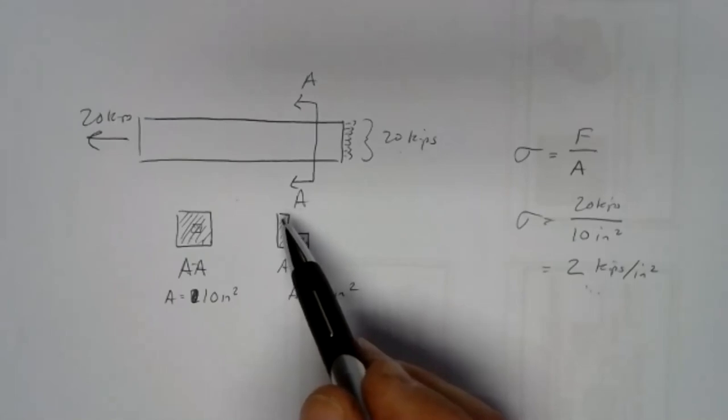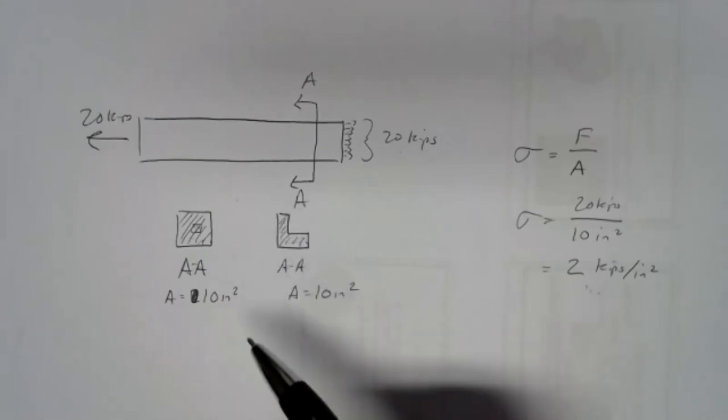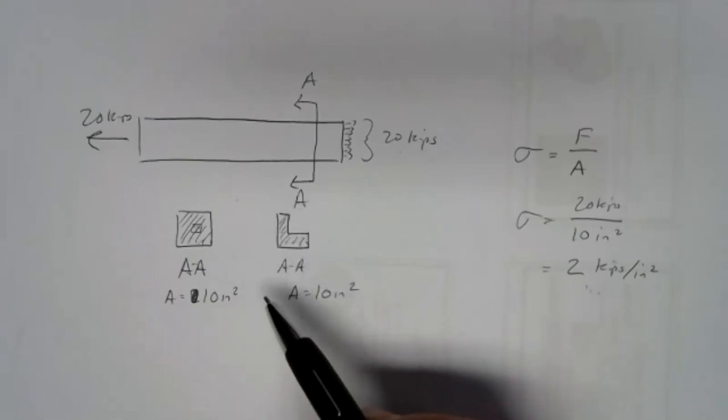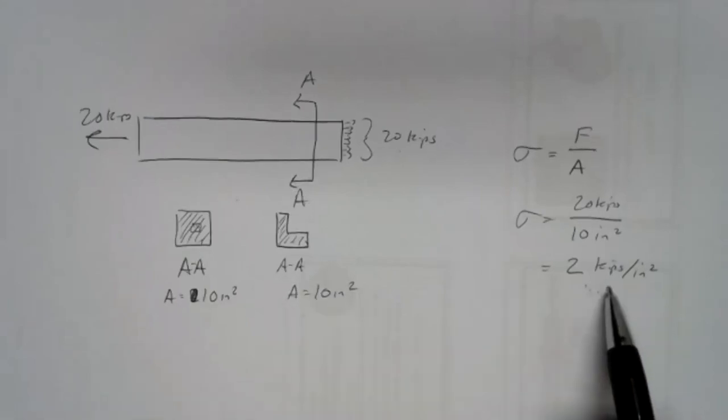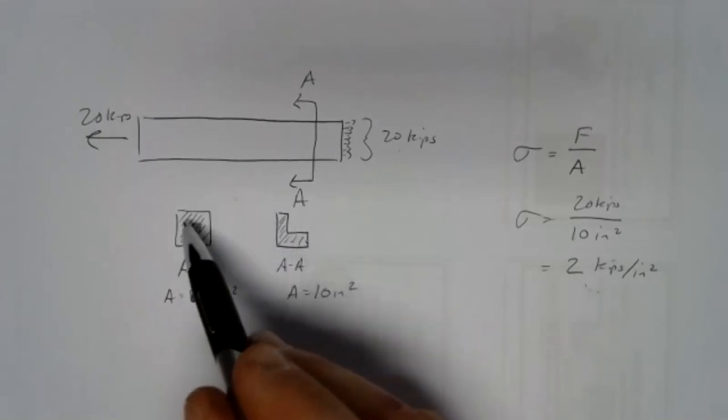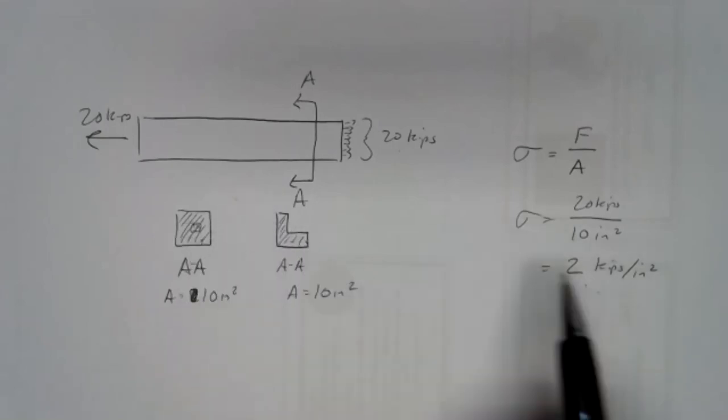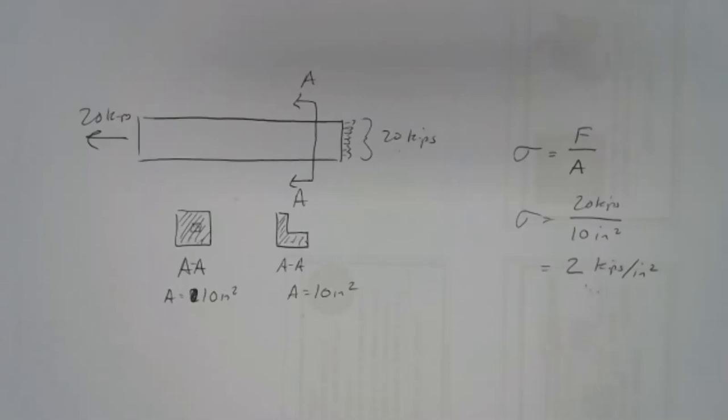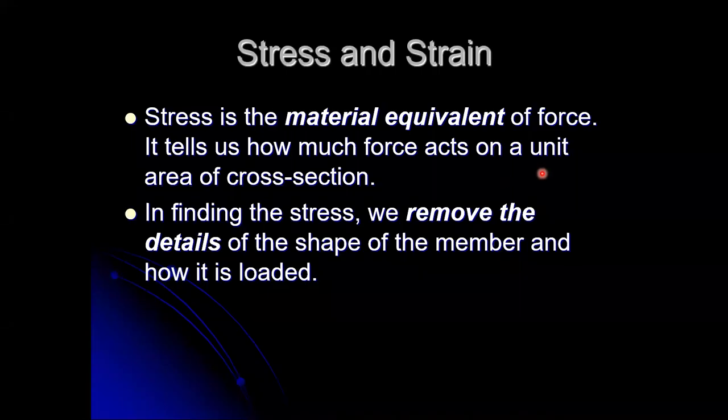And it's fortunate we don't, because otherwise we'd have to have these huge tables covering every possible product anyone could make. Once we know the stress, it no longer matters what the details of the shape are. All that matters is what the material is. So that's a huge simplification. That makes life a lot easier. So we lose the details of the shape of the member and how that shape is loaded.